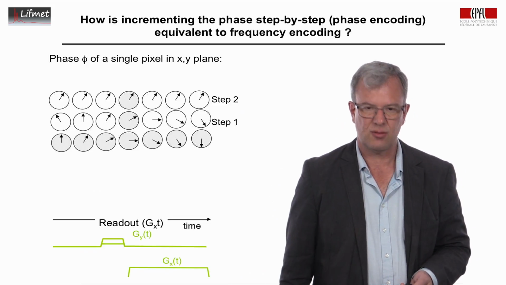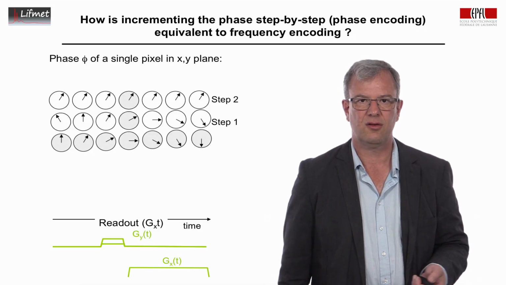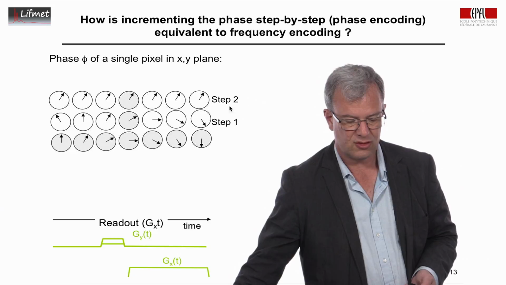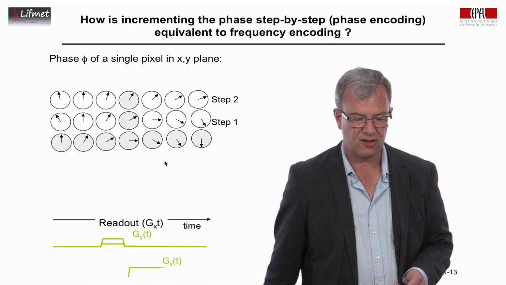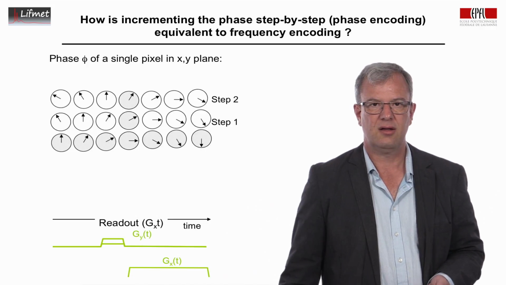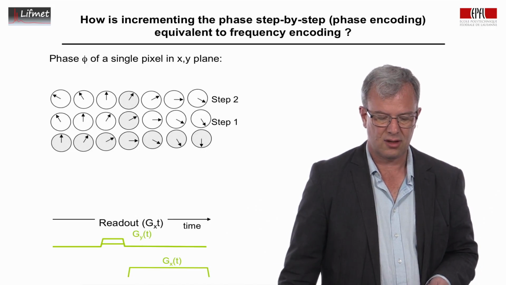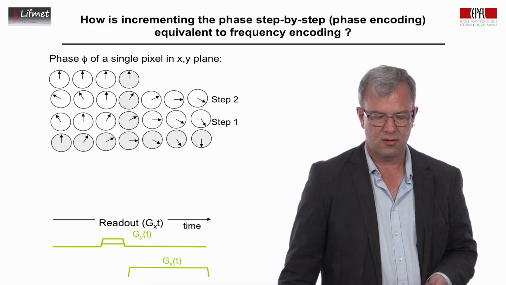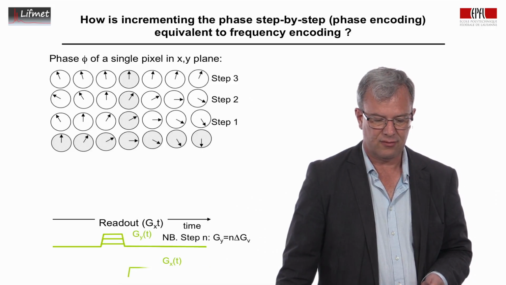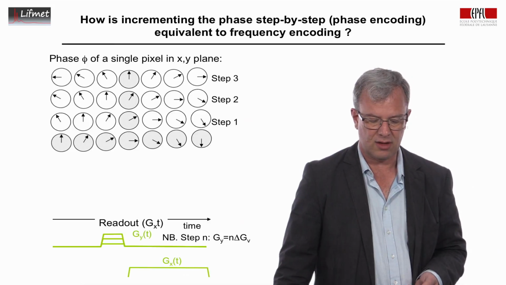So we have twice the gradient amplitude along y, so the phase is twice as big here to start with. We'll just draw the 7 time points along x, and as we apply the gradient along x, the magnetization develops along x as we see here. We'll do the third step, and we'll have the phase evolution during the y gradient.